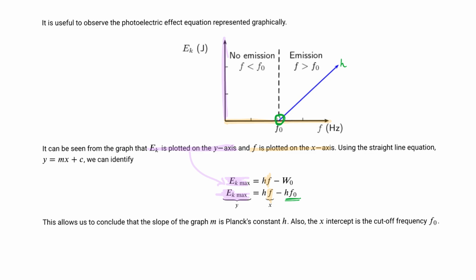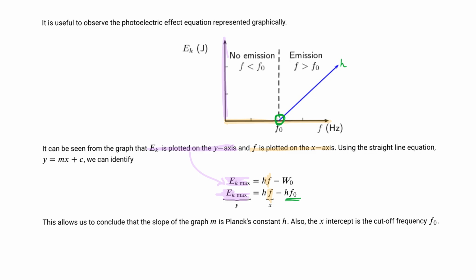So when we have a kinetic energy versus frequency graph, we must note that when a light is shone onto a metal surface and we get this graph drawn up, there are two parts that you need to understand. If the frequency is less than the threshold frequency, you're not going to get any emission. And that's always going to be on the left-hand side of your gradient.